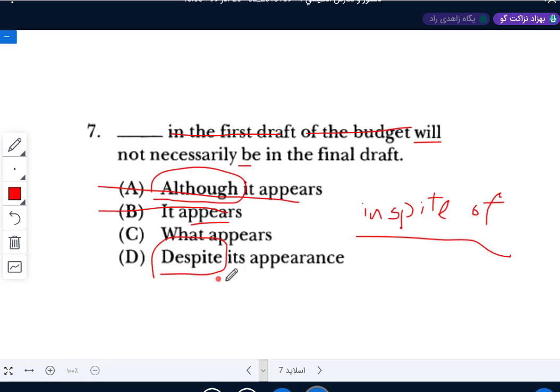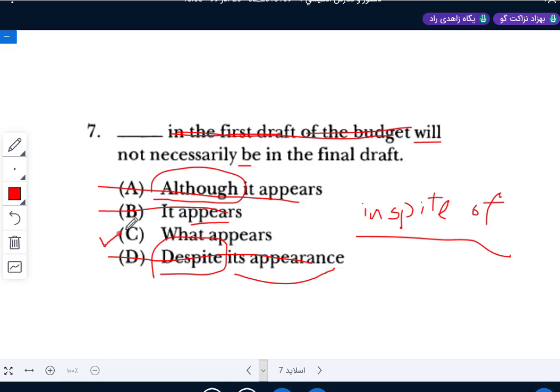Immediately after them we need a noun. This is a noun, so we need a noun phrase. So this is the object of the preposition, not the subject. If we take it as the object of the preposition, and these are the prepositional phrases, so where is the subject in the sentence? I don't have any subject.